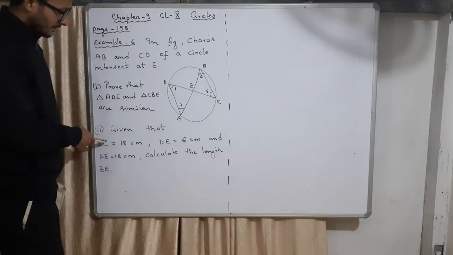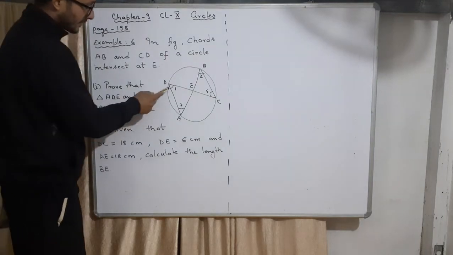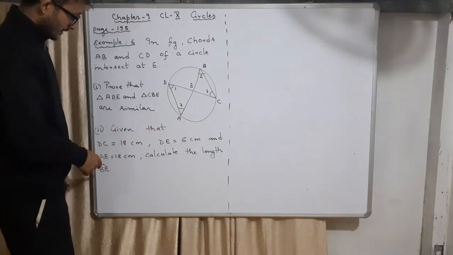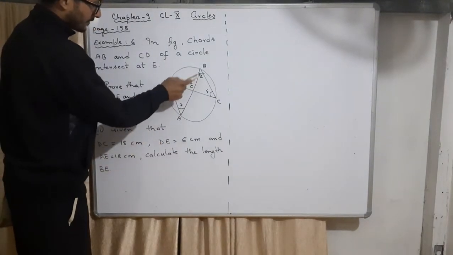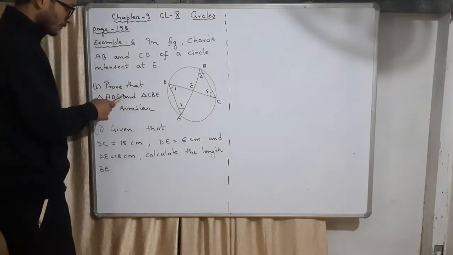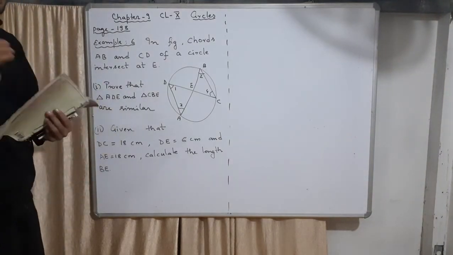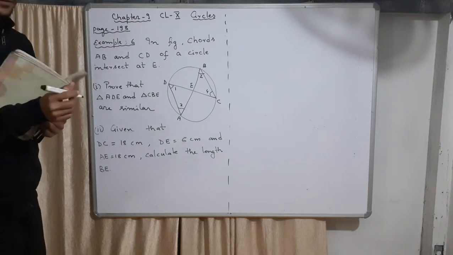Also, the second part: suppose BC is 18, DE is 6 and AE is 18, calculate the length of BE. So first of all, we'll do this, and very easily the second part will be solved. I will not draw the diagram again because it is already there in the question, and we will rely on that.